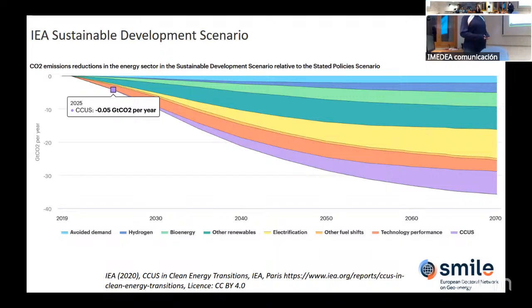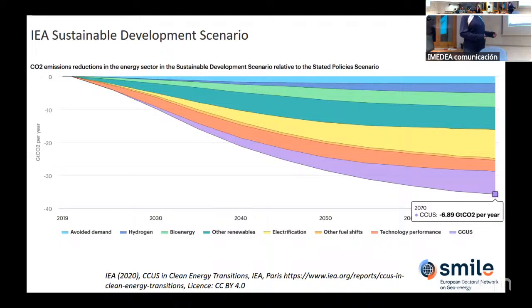At the beginning, CCUS takes just a very small part of the entire reduction, but by 2070 it can reach a very high amount. Overall, by 2070, the CO2 emission reductions can reach about 40 gigatons of CO2 per year. So this is a very large number.